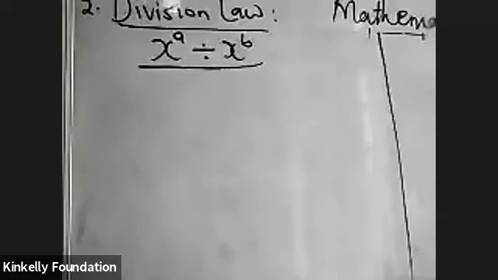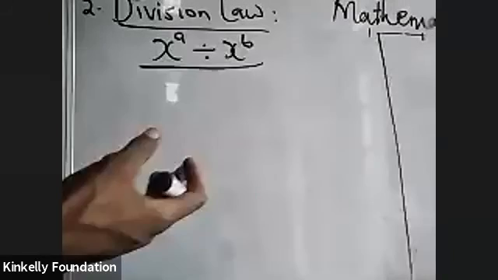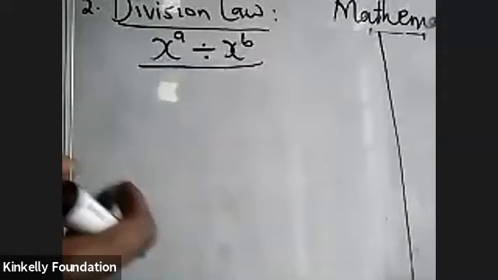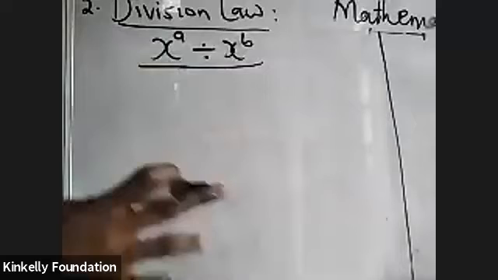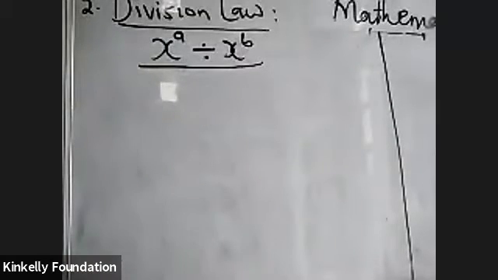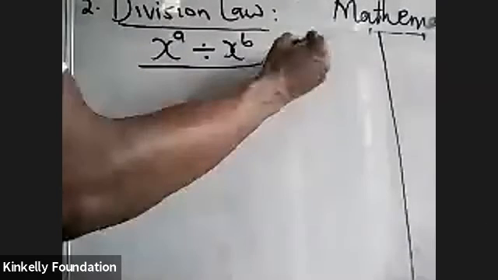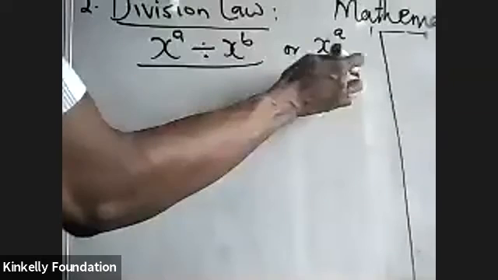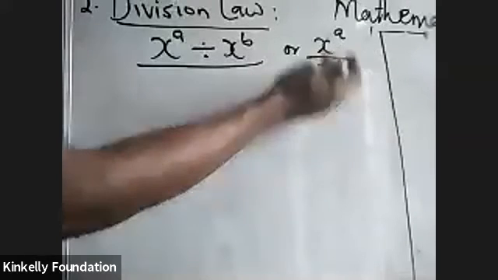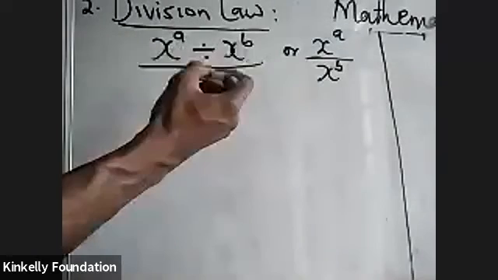In this division law, the first law, we expected the law in terms of sentences. In this case, we are just going to use mathematical terms to say what we want to say. If we make it this form, S raised to power A divided by S raised to power B, as we have the same base, remember, what you do is subtract the power.